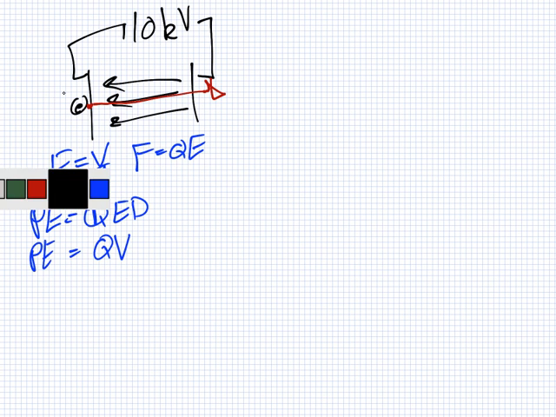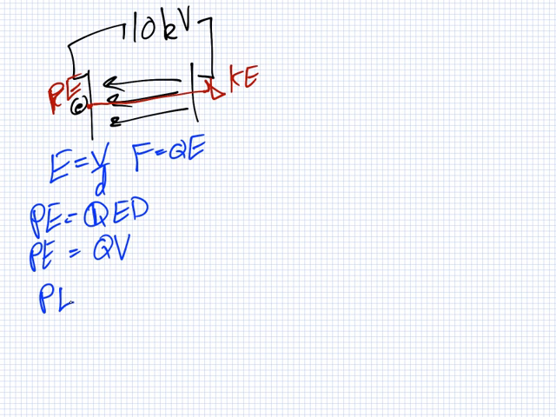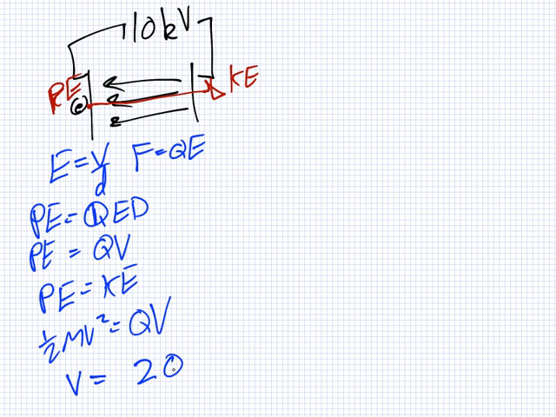But in this picture, the potential energy when it enters the field will equal the kinetic energy when it exits the field. So in this way, we can get the velocity of the exiting electron. A half mv squared equals QV. So v, velocity, equals the square root of 2QV over the mass of the electron.